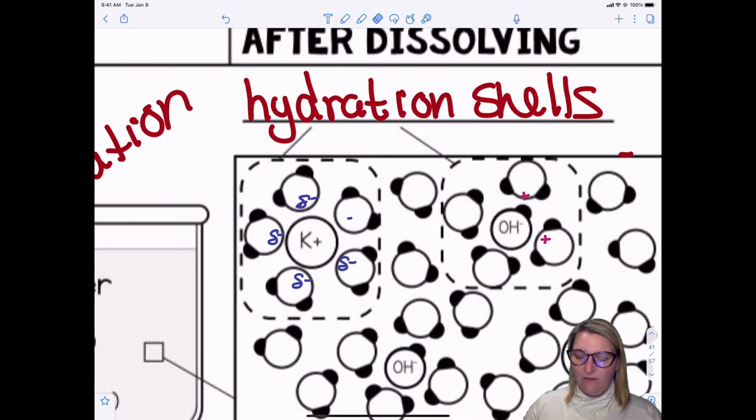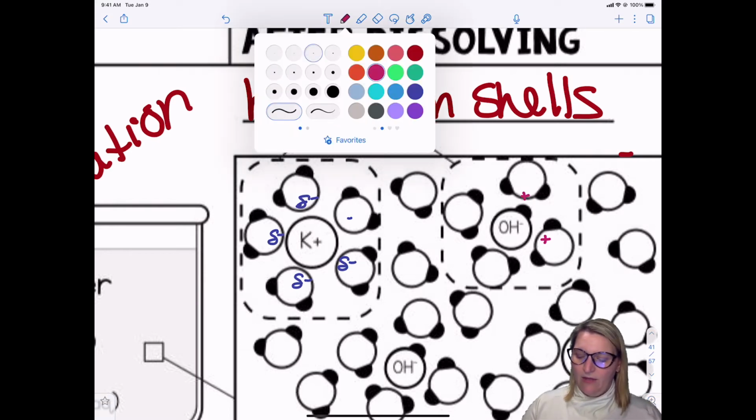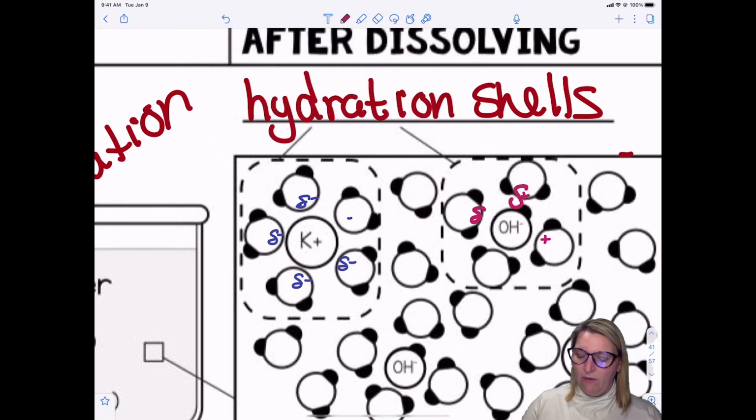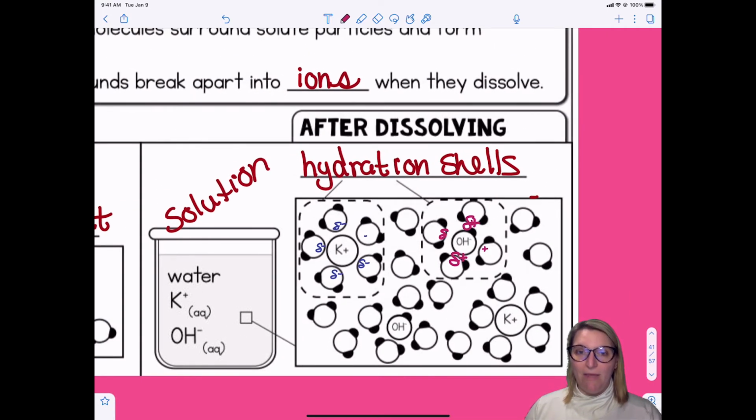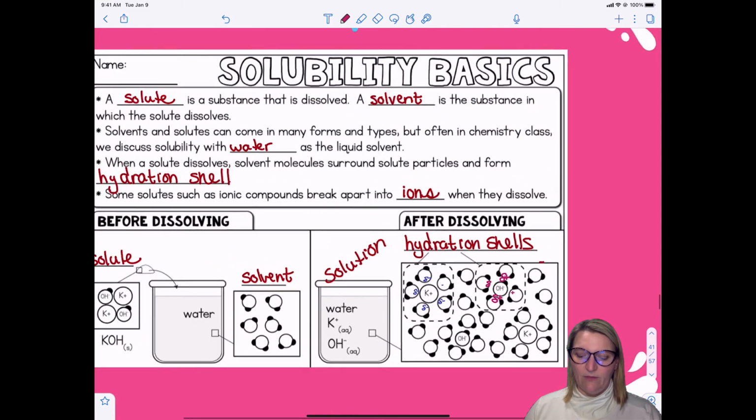The positive ion is surrounded by the partially negative side of water, and the negative ion is surrounded by the partially positive side of water, right? Opposites attract, they surround those oppositely charged ions, and that's what makes the solution. Okay?